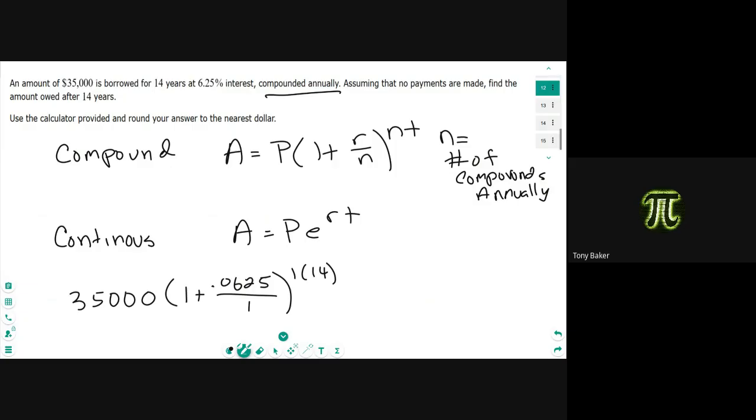And it says round to the nearest dollar, so $81,785. Now, if you go the nice direction, you invested $35,000, and 14 years later you'd have $81,000.